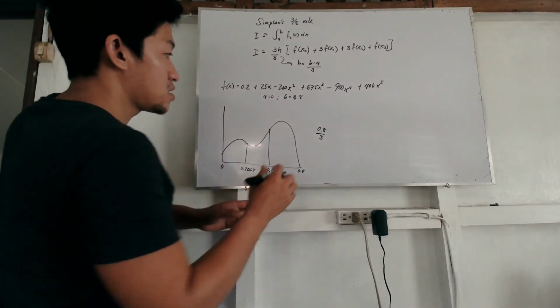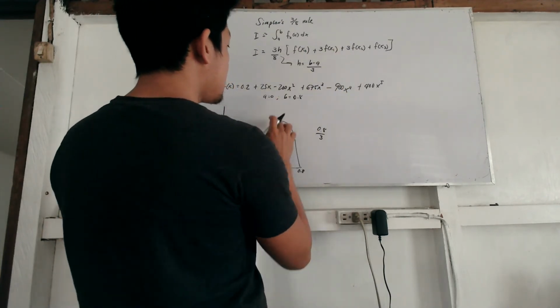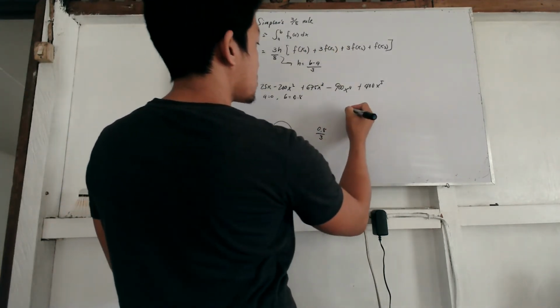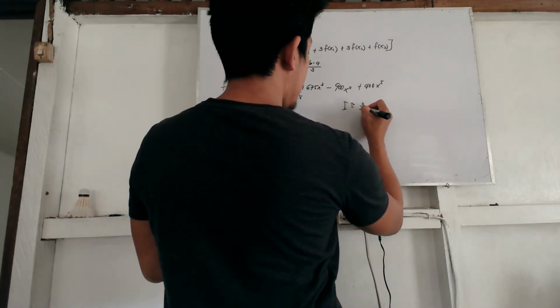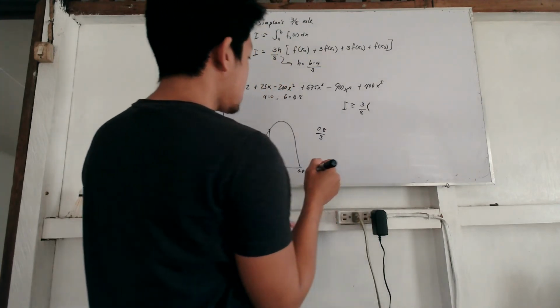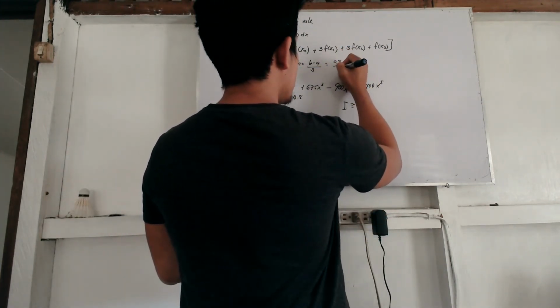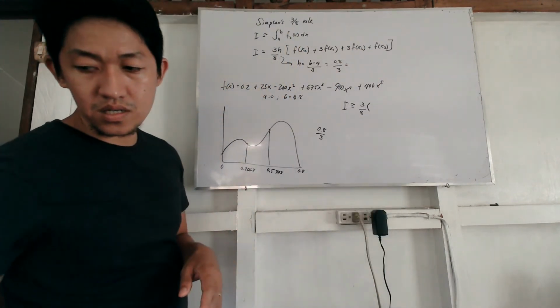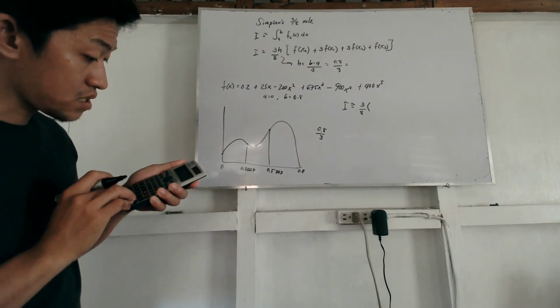Okay, so let's plug the values into this equation. We have I equal to 3/8 times h. h is 0.8 over 3, which is 0.2667.